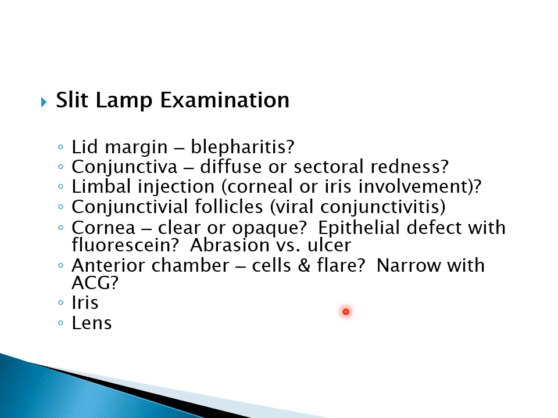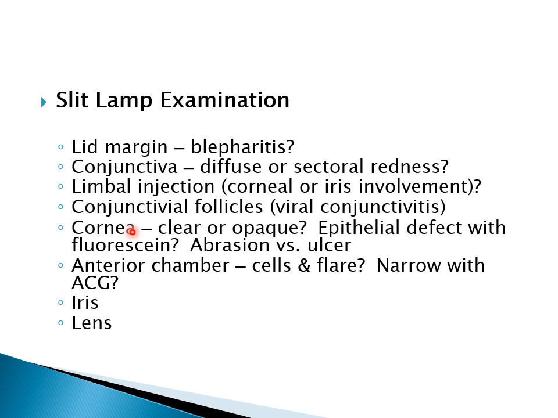Then we move to slit lamp examination. It's very important. We look at the lid margin, looking for blepharitis, then assessing the conjunctiva and conjunctival reaction. If there's follicles or papillae, we'll talk later about follicles and papillae.